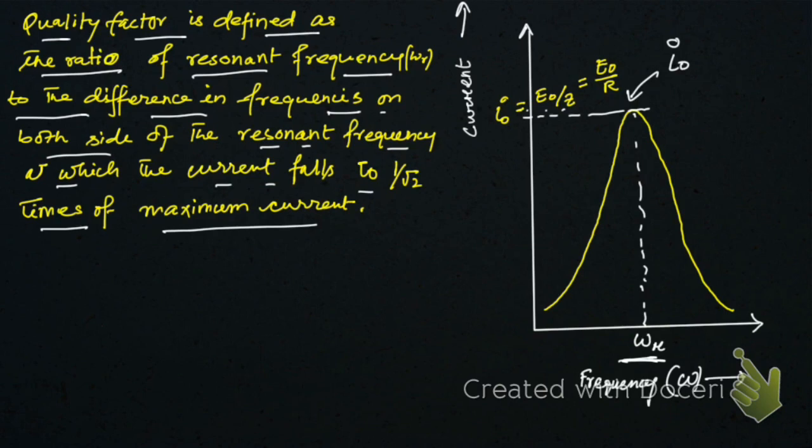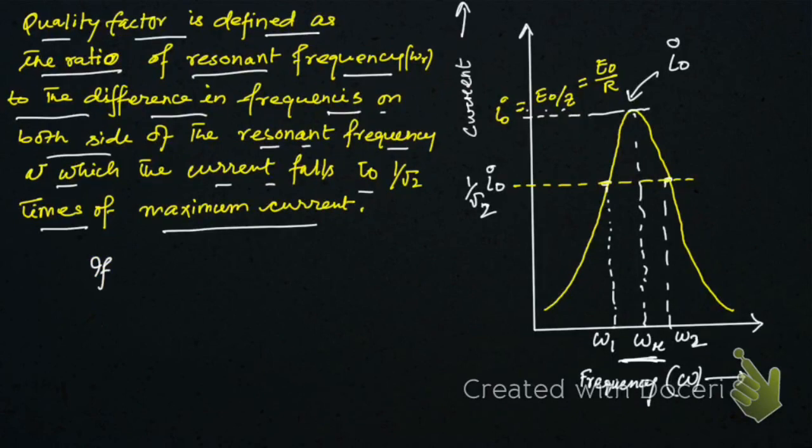On both sides of this resonant frequency, we get two frequencies, suppose omega 1 and omega 2, at which the current becomes 1 by root 2 times I naught.